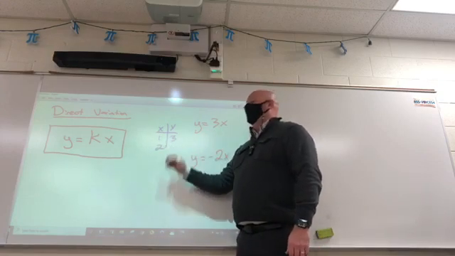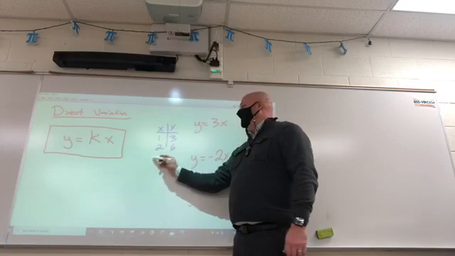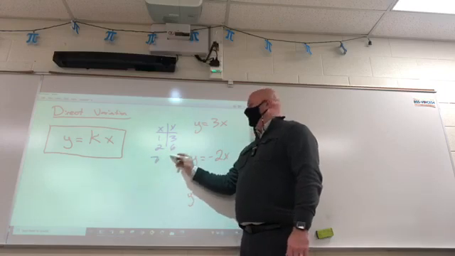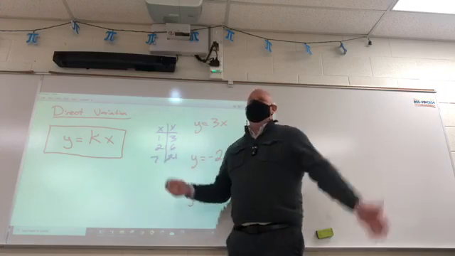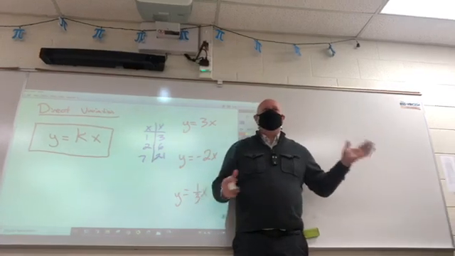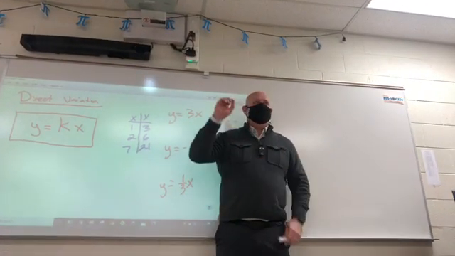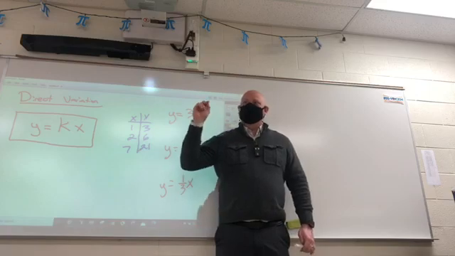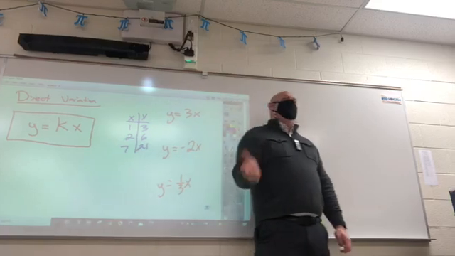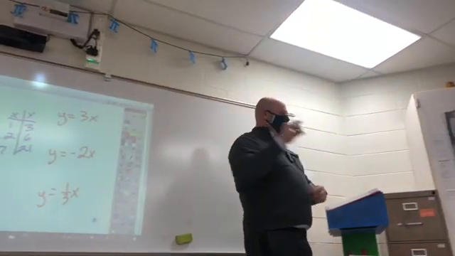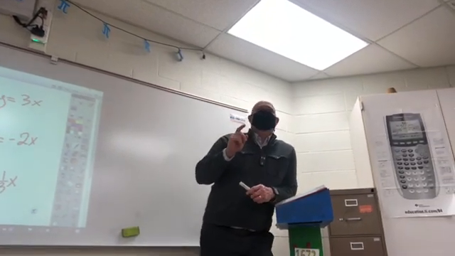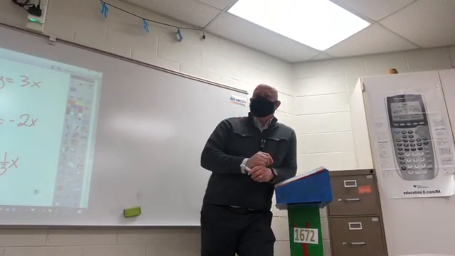If I plug in a 2, you're going to get a 6. If I plug in a 7, you're going to get a 21. The only thing you're doing is timesing by 3, right? With direct variation, that's exactly what it is. It's just multiplication to get from one variable to the other.